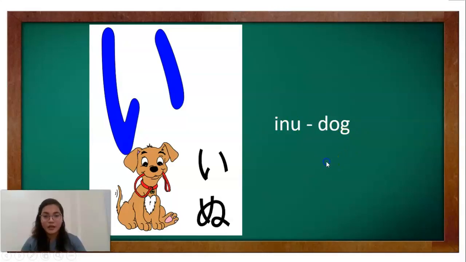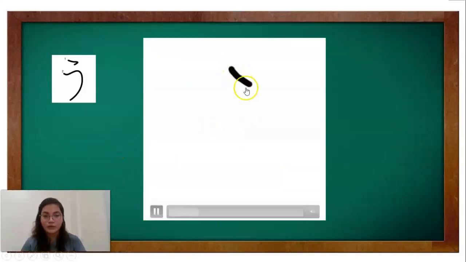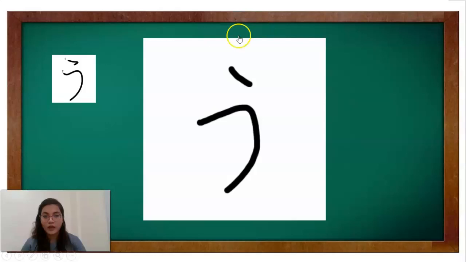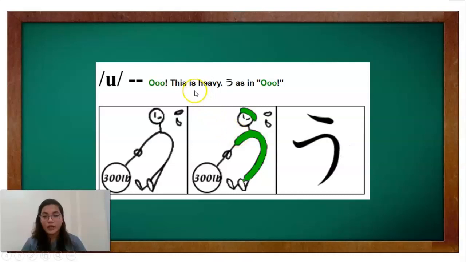Okay? Next up. U. U has 2 strokes. 1, 2. Okay, again. 1, 2. To easily remember this U character, think that you are carrying a heavy thing.